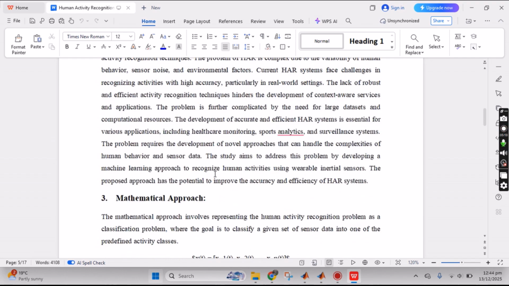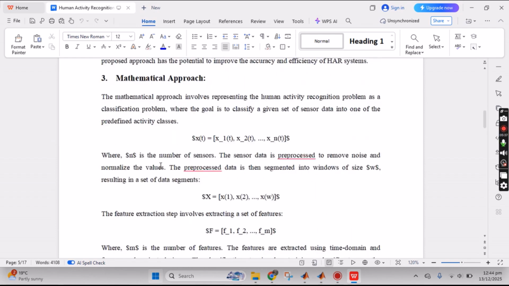So our main aim is to address this problem by developing a machine learning approach to recognize human activities using wearable inertial sensors. This proposed approach has the potential to improve the accuracy and efficiency of HAR systems.